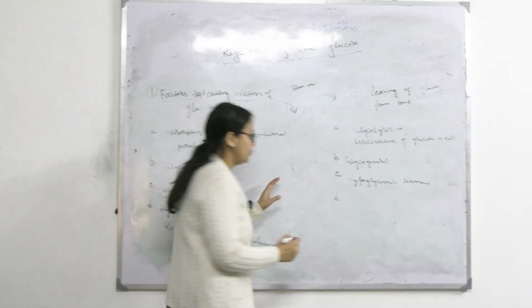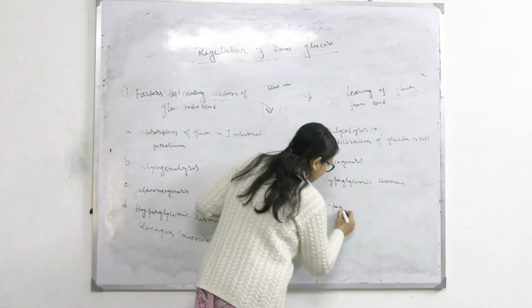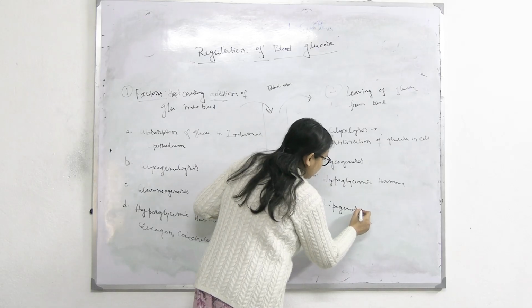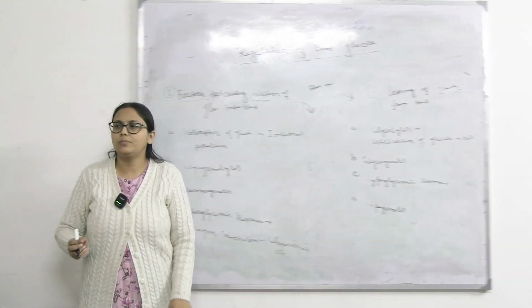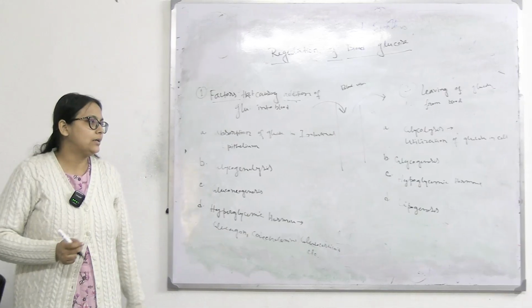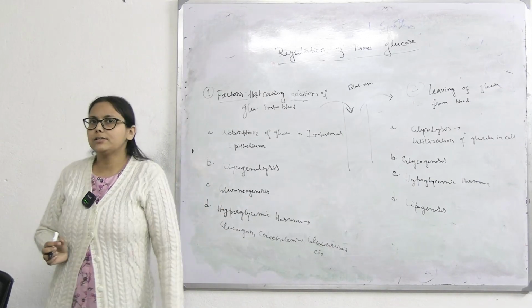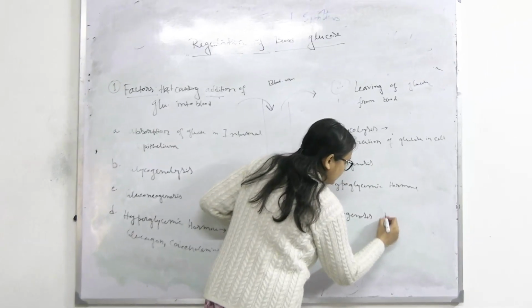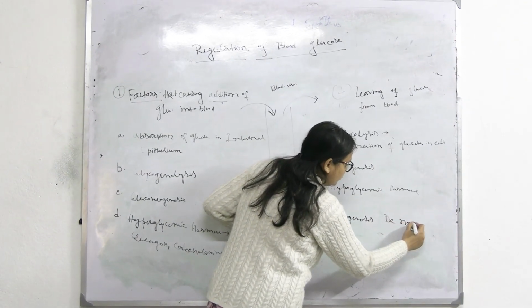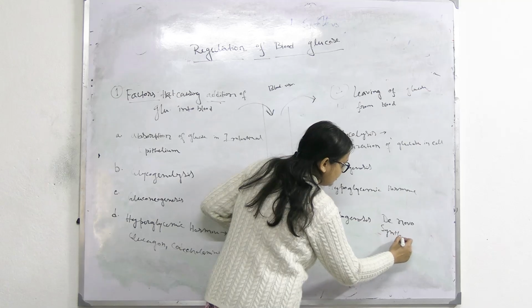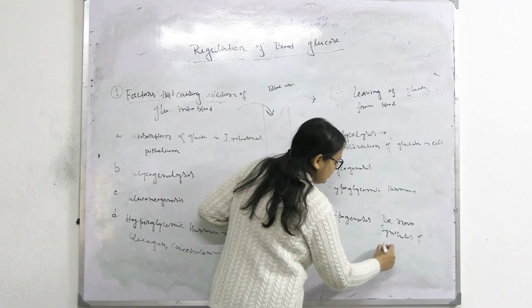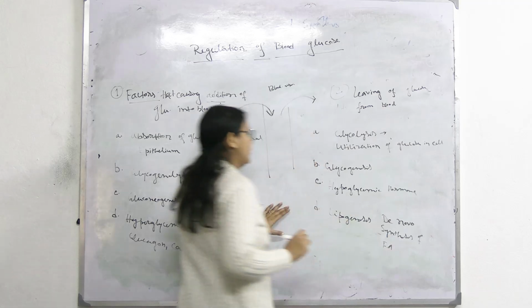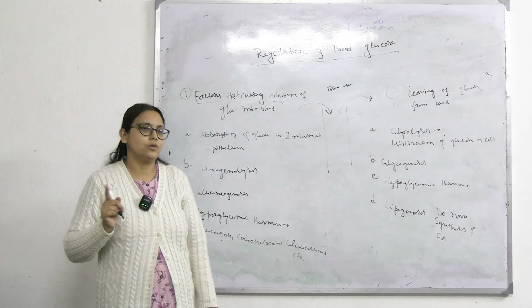And then the main factor is lipogenesis. Lipogenesis means lipid synthesis. You have not covered lipid metabolism yet. When you read lipid metabolism, you will see a pathway called de novo synthesis of fatty acid, and in this pathway the starting molecule is acetyl CoA.